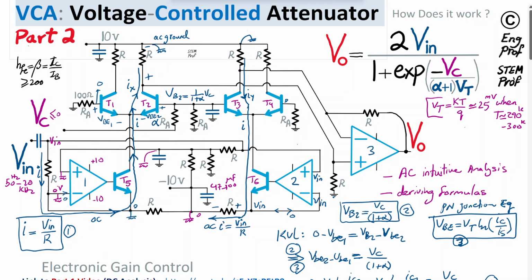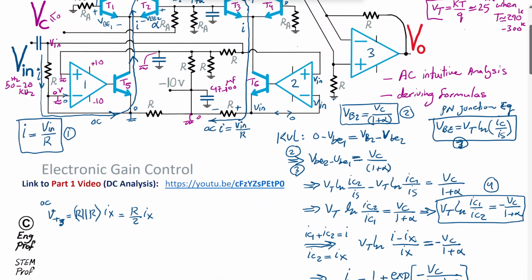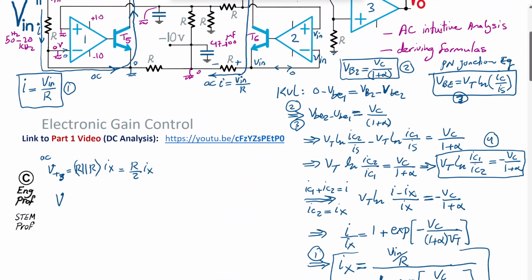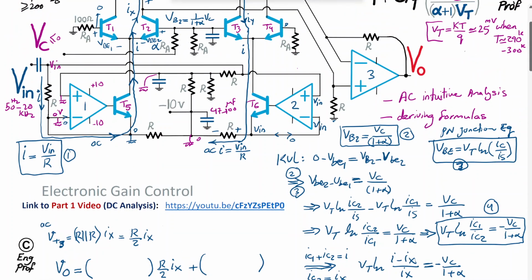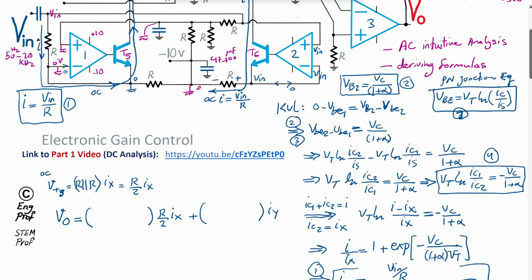So let's see. I can write it this way now to help understanding what is going on as the last step. Vout has some coefficient multiplied by the contribution of Ix, plus Vout has some contribution from Iy.